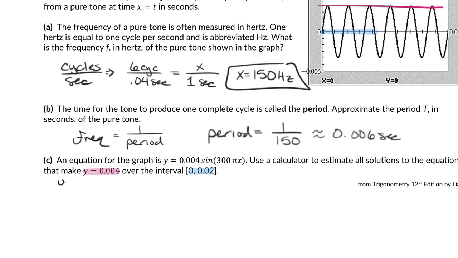You're going to go to y equals, and in y1 you're going to type the equation that it gives you, 0.004 times the sine of 300 pi times x. And in y2, you're going to type 0.004.